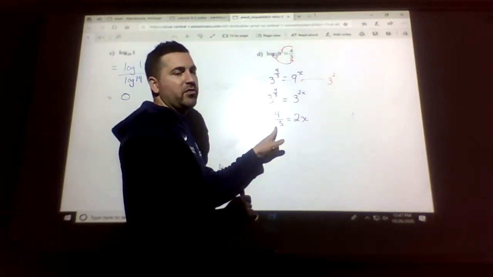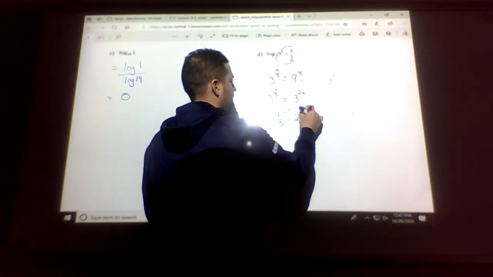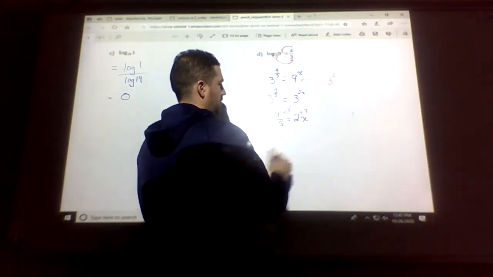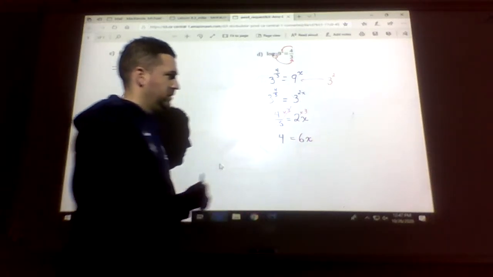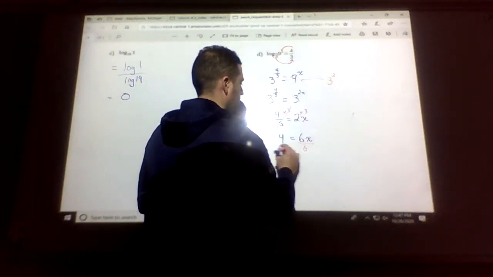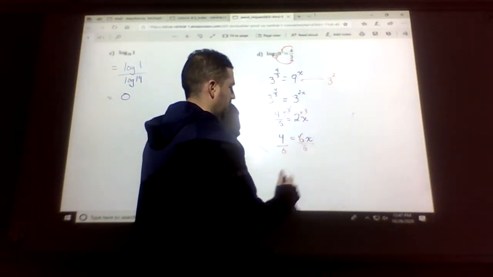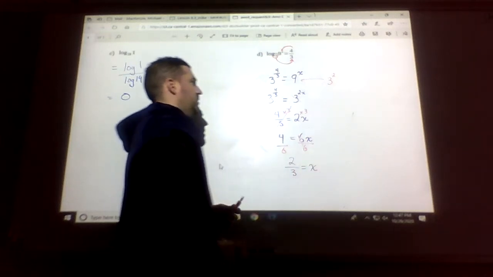We're divided by 3 on this side, so multiply by 3 on the opposite side. We have 4 equals 6x. And now divide by 6. You get an answer of 2/3 equals our x value.